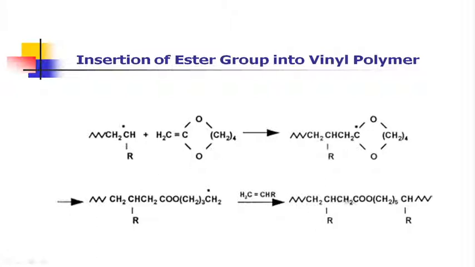Now, that has been converted to a carbon chain with an oxygen atom and ketonic group, the ester group on the backbone chain. So, COO has been inserted in the backbone chain. So, that vinyl polymer will be degradable by this process if it is modified.